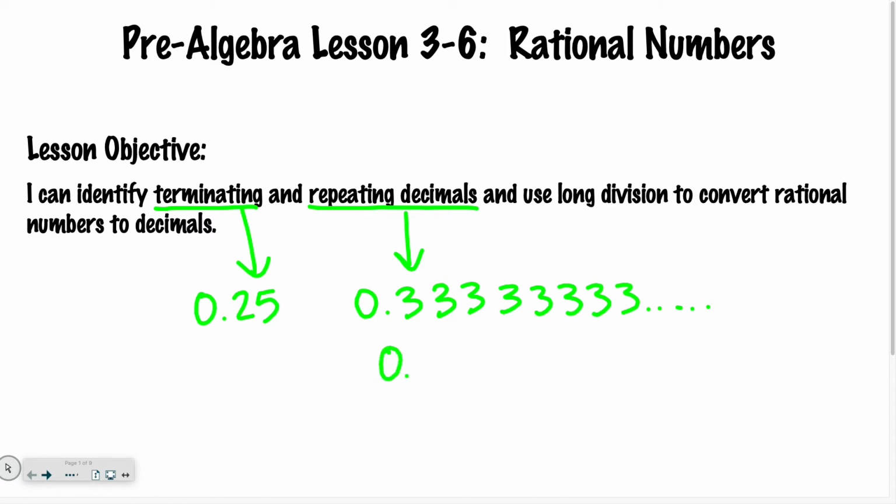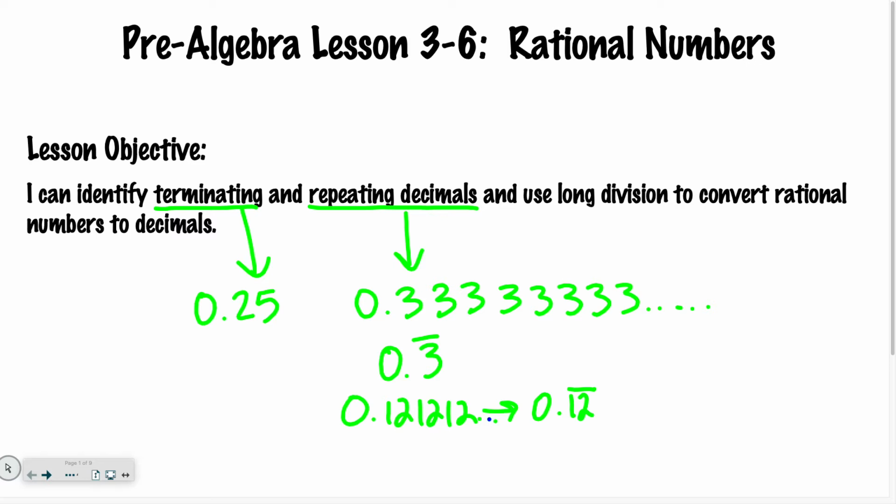Sometimes we write it in a faster way using something called bar notation, where you put a line over the number that repeats. Sometimes you have multiple numbers that repeat, so if I have 0.121212 and that goes on forever and ever, it becomes 0.12 with a bar over the 1, 2. Okay?